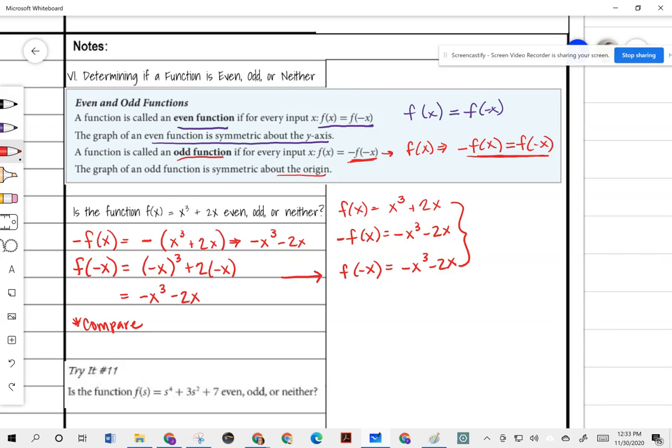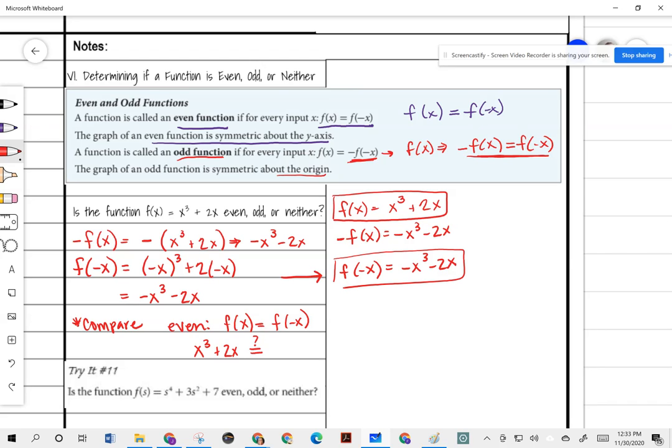All right, so if it's even, we'd have f of x the same as f of negative x. Okay, so is f of x, x cubed plus 2x, the same as this one right here, negative x cubed minus 2x?